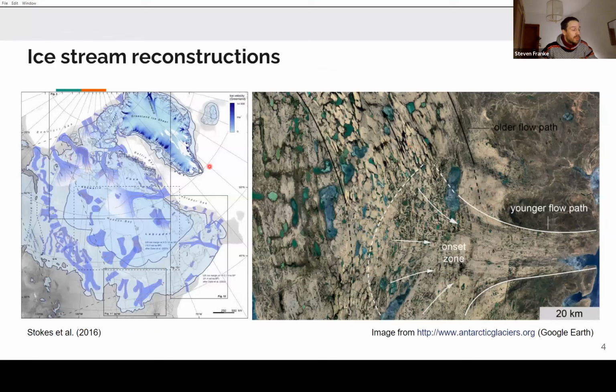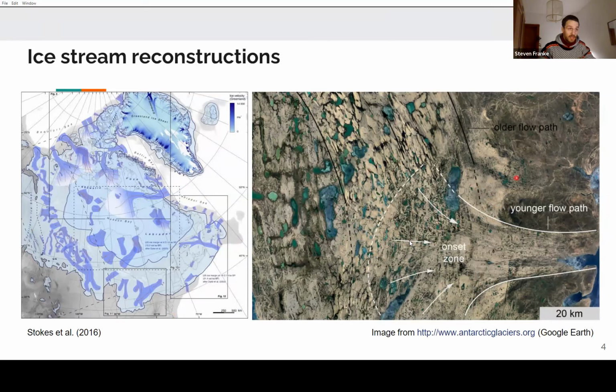The second type of information available is the landforms that ice flow leaves behind at the glacier beds. Here, for example, we see on the left a reconstruction of the ice stream activity of the Laurentide ice sheet, which has been performed on the basis of these landforms.